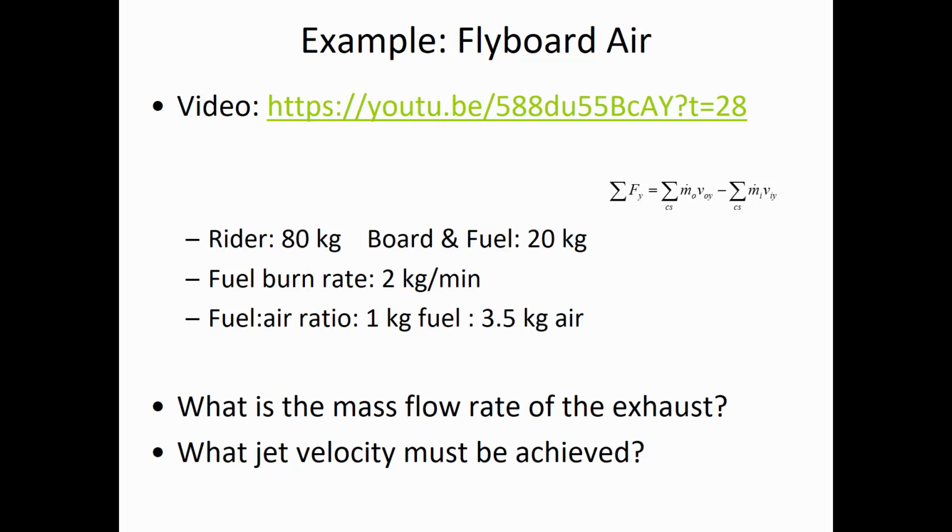Here's the system, and a bunch of air is coming out, and that's what keeps it level. So let's draw a control surface. So we've got this stuff coming out, and there's a mass flow rate out, and there's some velocity out. You're going to get maximum thrust if there's not anything coming in. So if we assume that the mass flow rate in is 0, and that the velocity in is 0, that's how you can get the best case scenario.